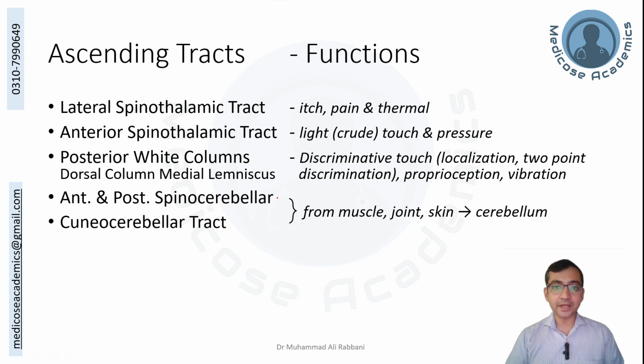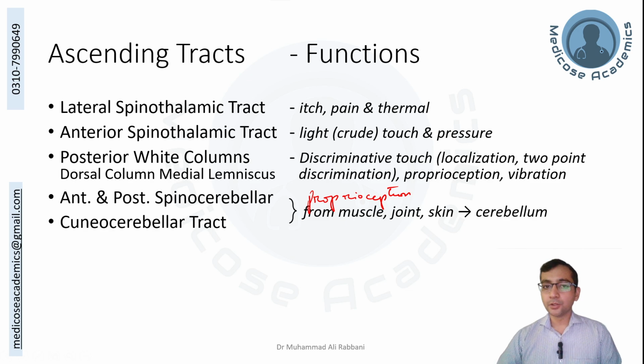If all these tracts are carrying proprioception and DCML also carries proprioception, why the difference? The proprioception that is going to the cerebellum is not under your conscious control, and you don't perceive that, you don't feel that, but it is constantly helping the cerebellum maintain your balance and coordination, according to the unconscious.